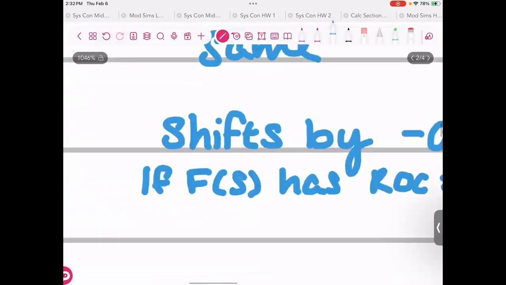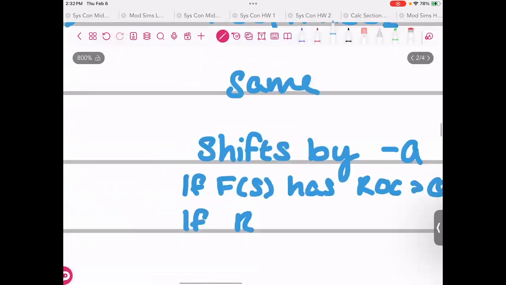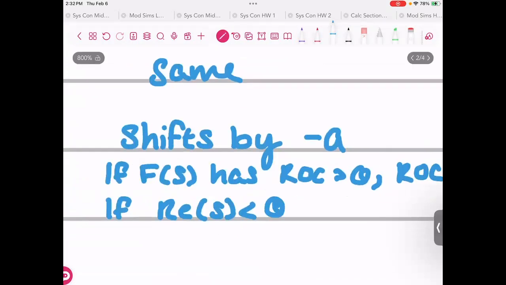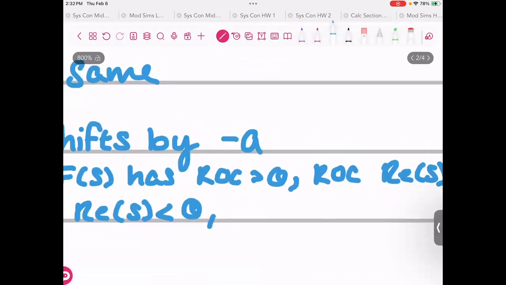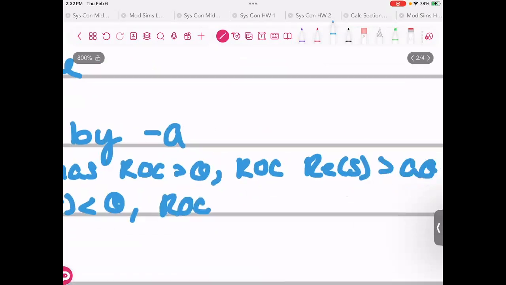And then if it's anticausal, so I'll just put if real of s less than theta, ROC is now real of s less than a theta.